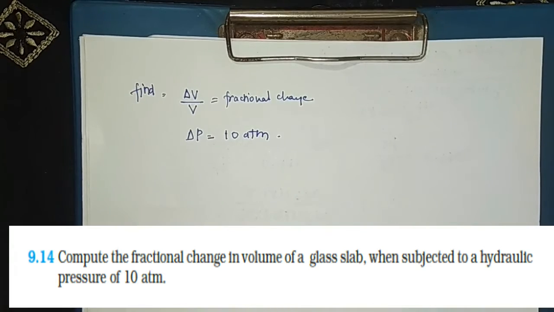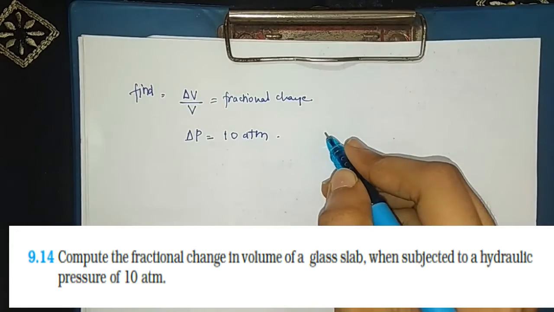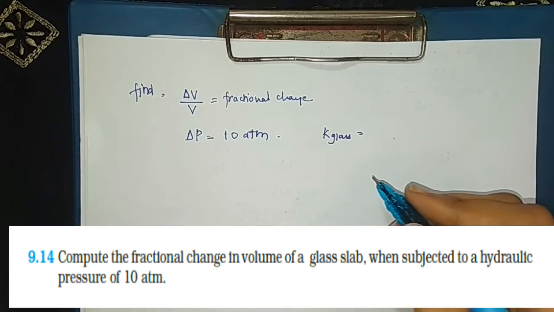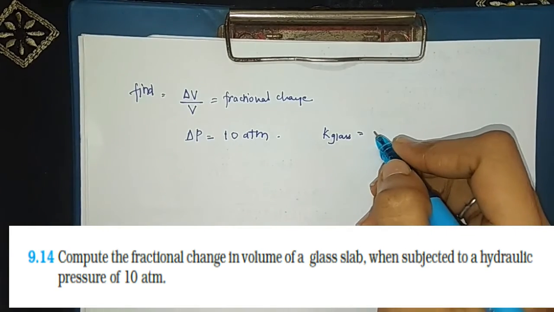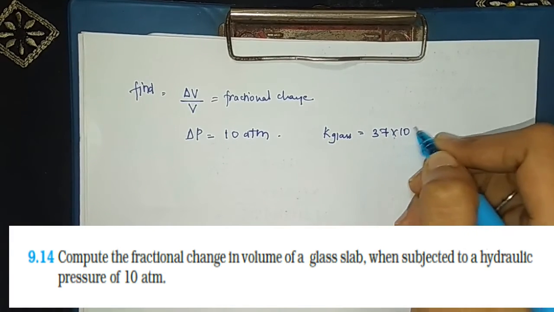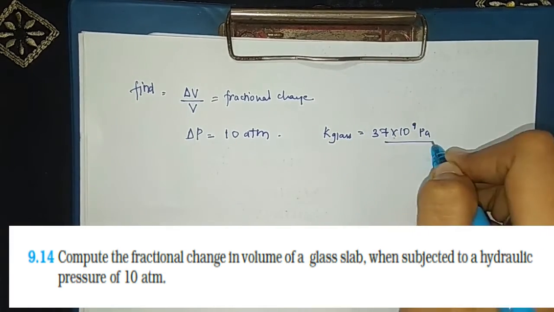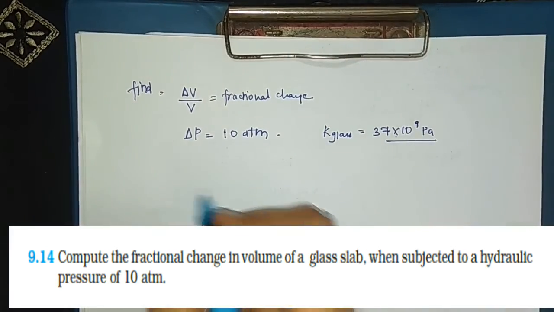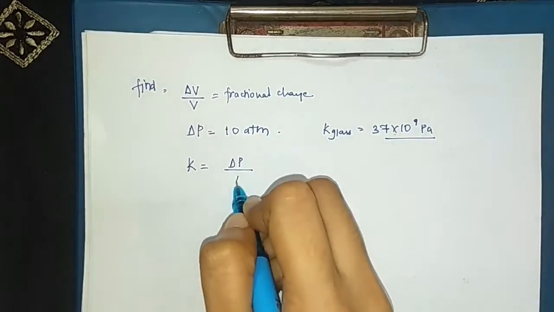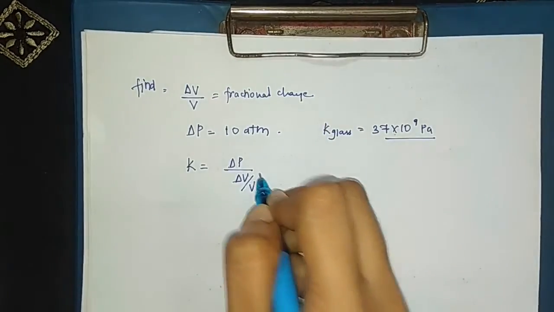Okay, so it's a very easy formula. We know the bulk modulus of glass, given in the table of the textbook, as 37 into 10 raised to 9 Pascals. The formula is bulk modulus equals delta P divided by the change in volume over the original volume.